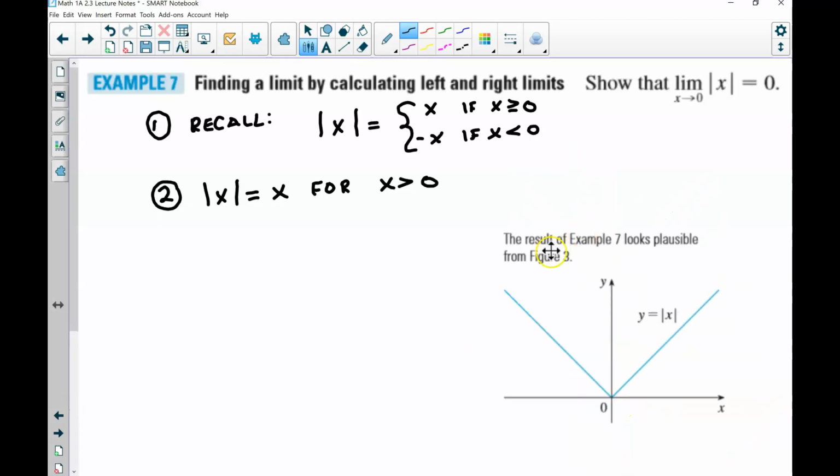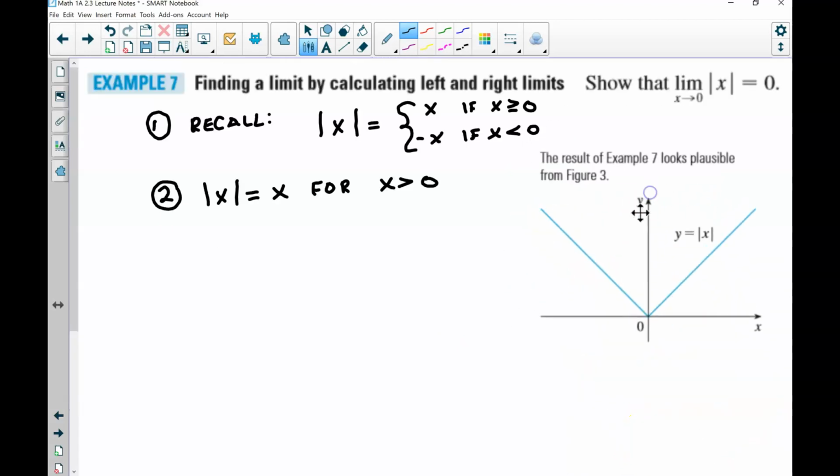We know what the graph of an absolute value function is. If we're looking at this first part, where the absolute value of x is equal to x, that means everything is greater than 0 on this side. So what we're trying to do is find the limit as x approaches 0 from the right.